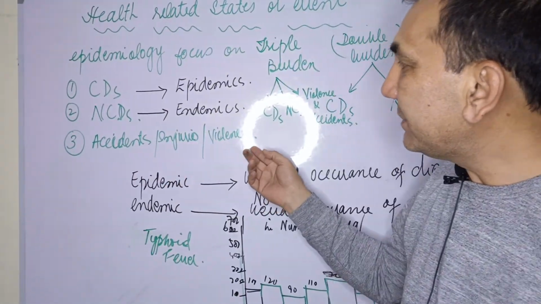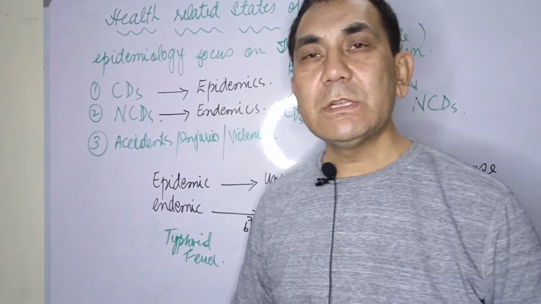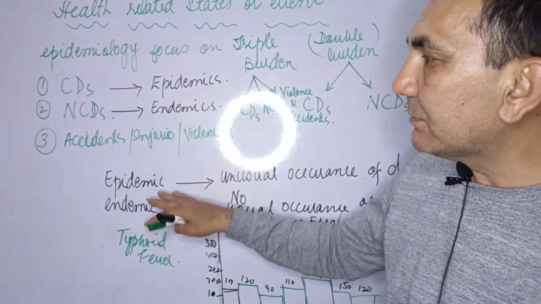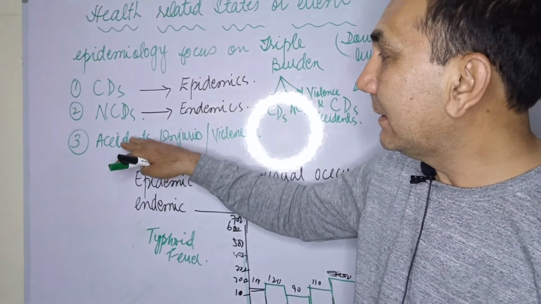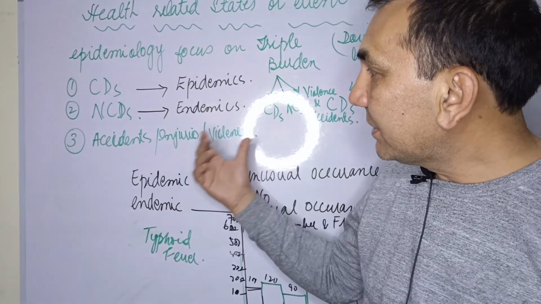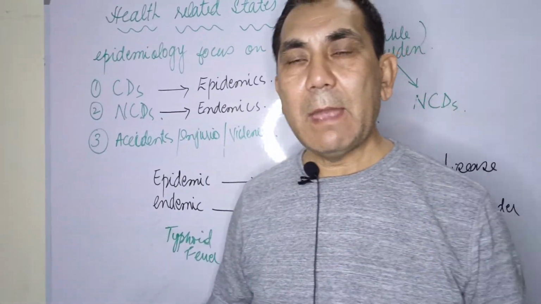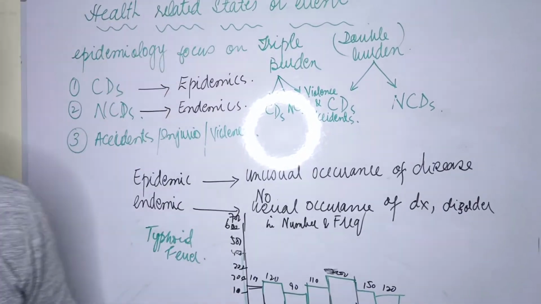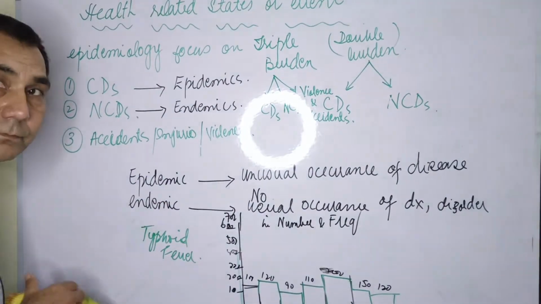And in accidents, injuries, and violence it is sometimes used too. Both terms can be utilized in accidents, injuries, and violence, because there may be an epidemic in any month.